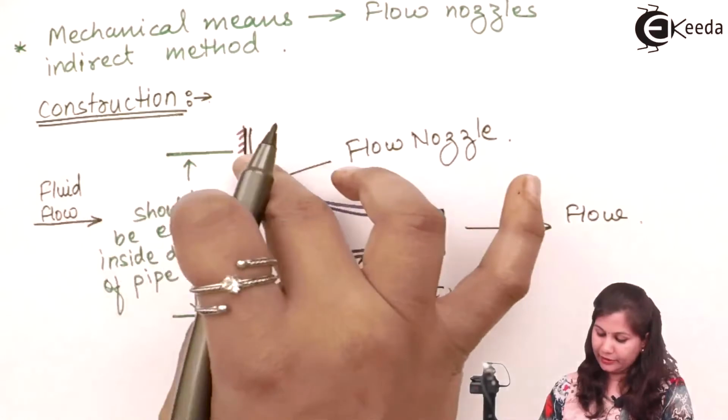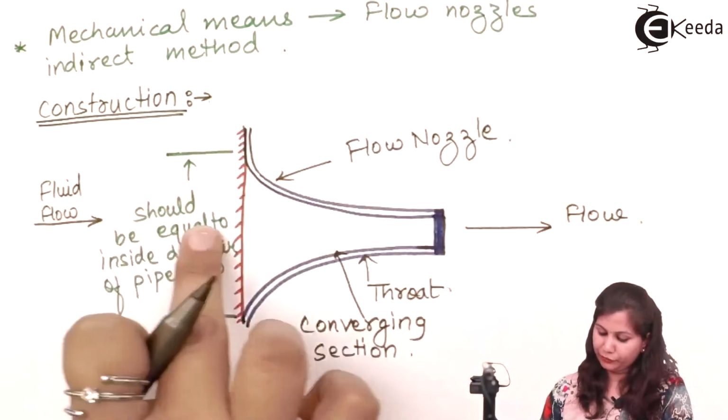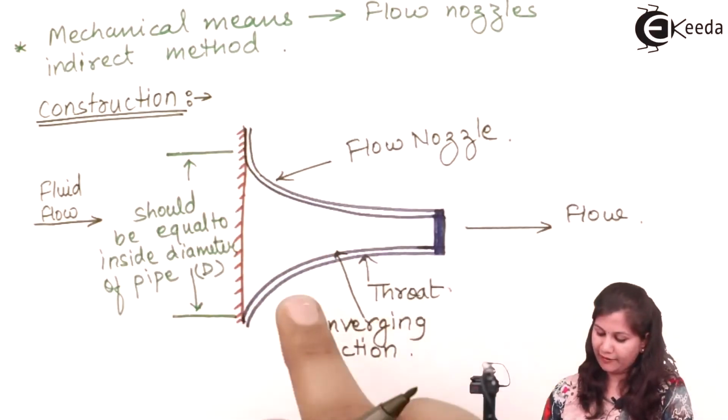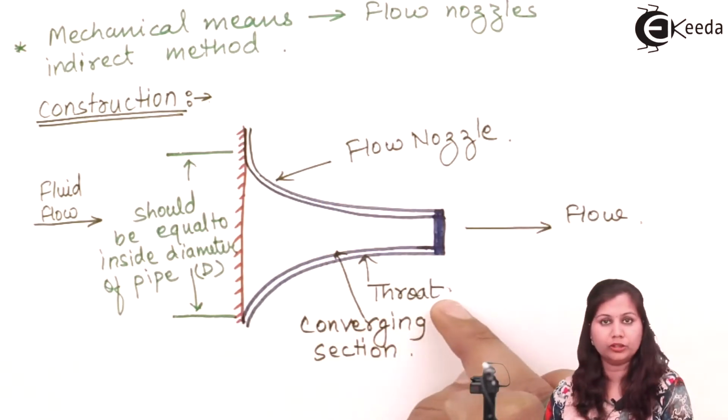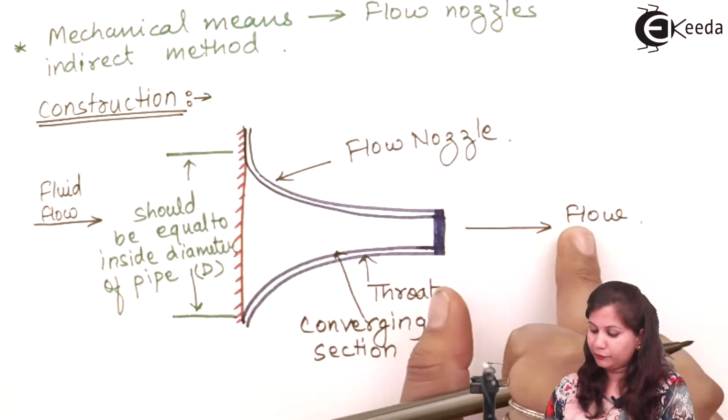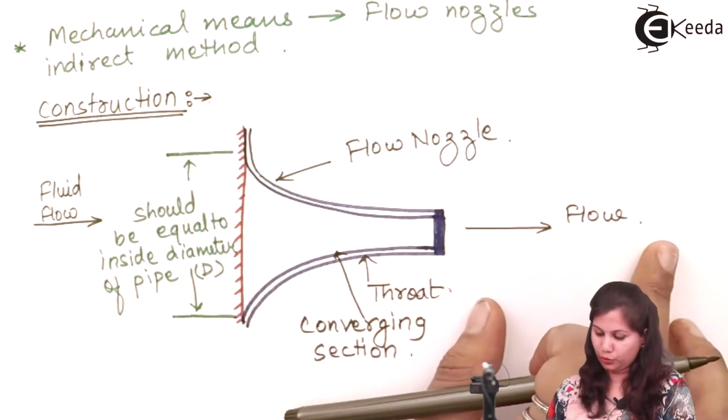And this is the entrance. You can see that from here the fluid is entering. After that it has a converging section, and then the part which is called the throat, and from here the fluid is coming out of the flow nozzle.